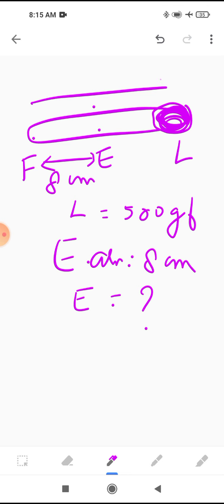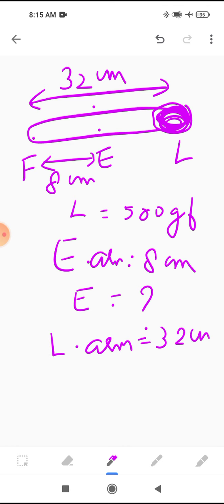This is total length. That is actually load arm. Look at the figure, it is load arm. So you have these many things: load, effort arm, load arm, effort you have to find out. Then use the formula load into load arm is equal to effort into effort arm. Then you can find out what is the effort.